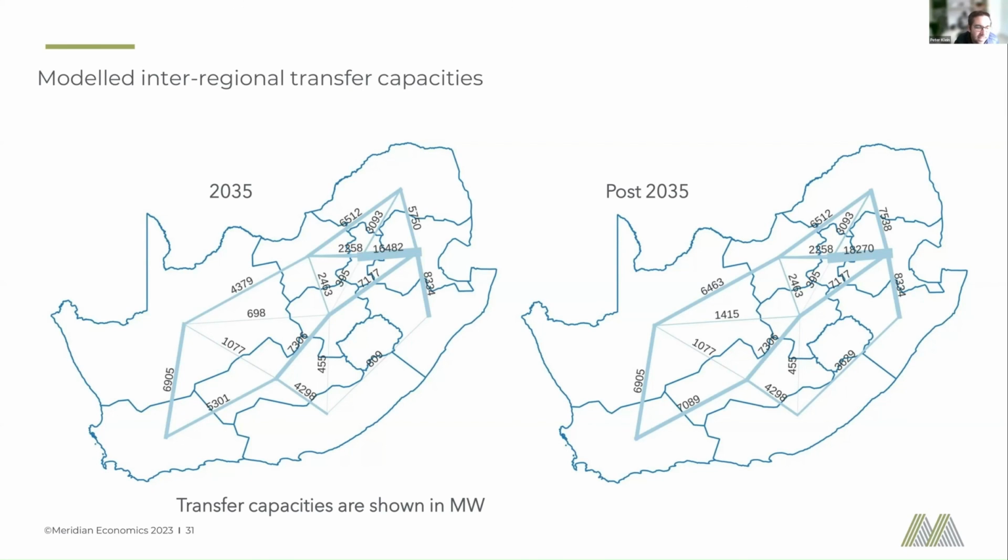So when there isn't enough generation, the flexible generation is running, and all the short-term dispatch is being handled by battery storage.